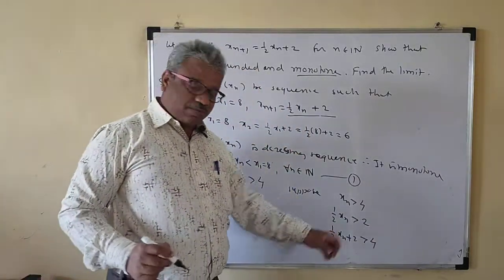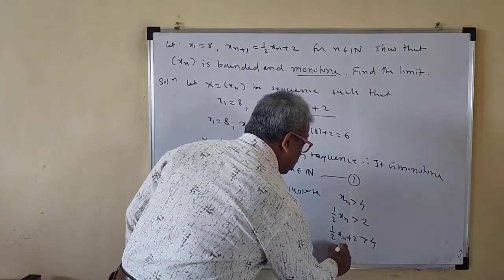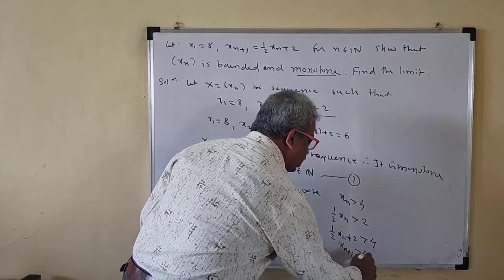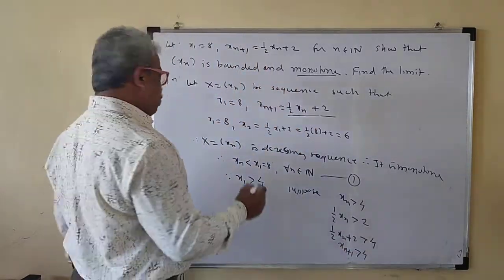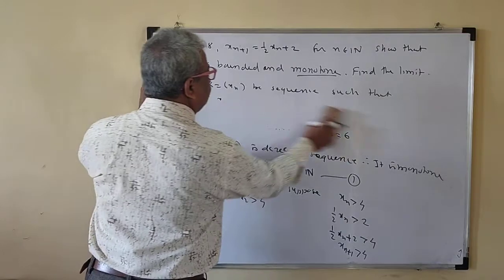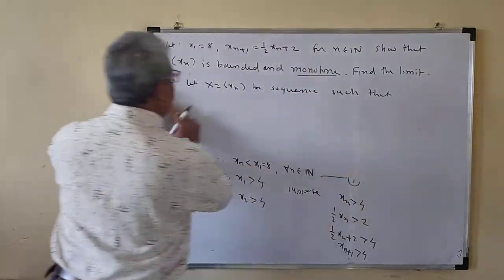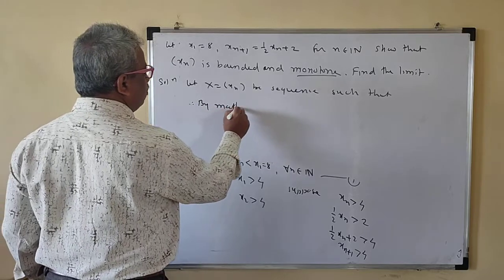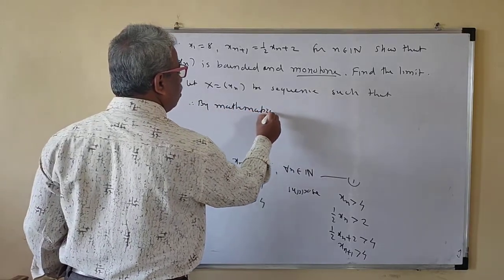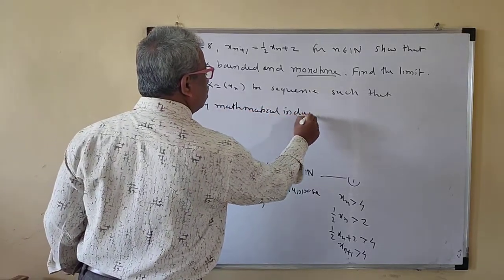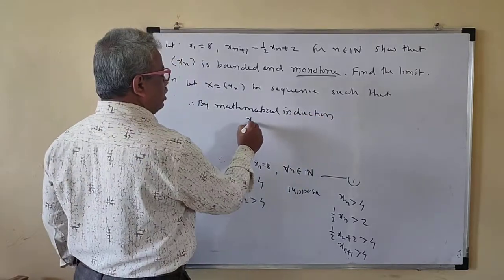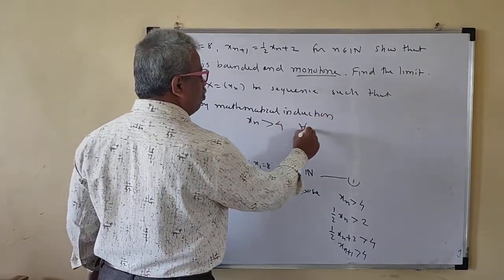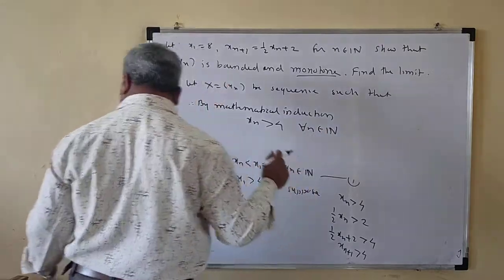Now this 1/2 xn plus 2 is your xn plus 1. So xn plus 1 is greater than 4. Right? So therefore, by mathematical induction, xn is greater than 4 for all n belongs to N.